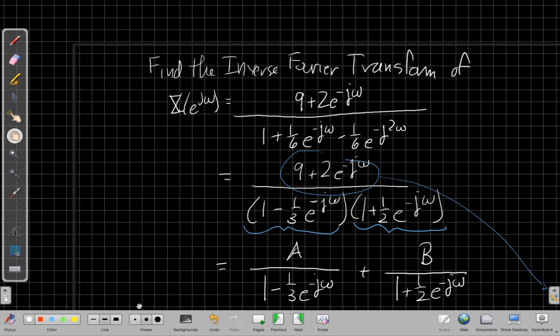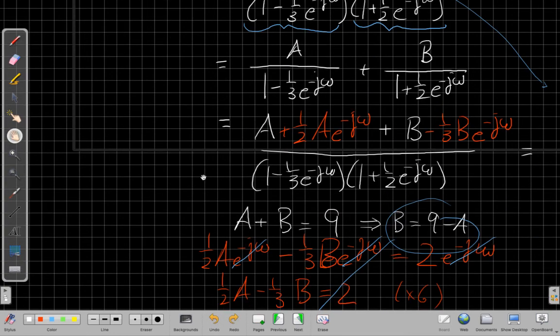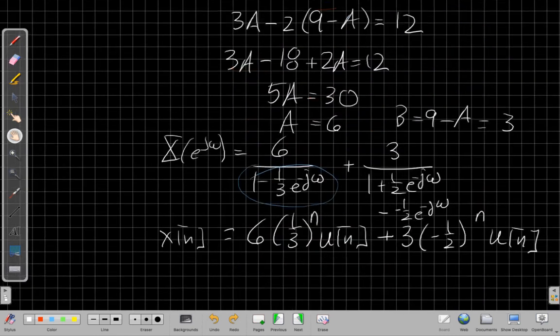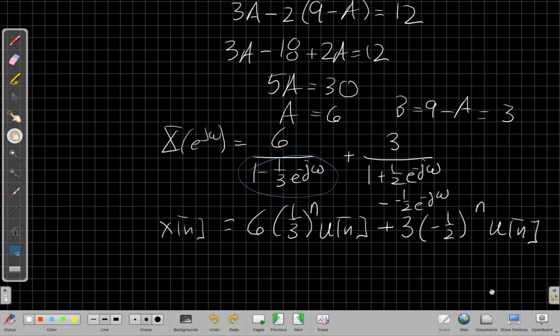Or we'll see soon using difference equations to find H of e to the j omega, we'll get impulse responses that look like this with combinations of terms. And then this idea of we break a large complicated ratio of things with higher order terms than e to the minus j omega into a sum of first order terms that we could then easily inverse transform is the payoff of what we call partial fractions.